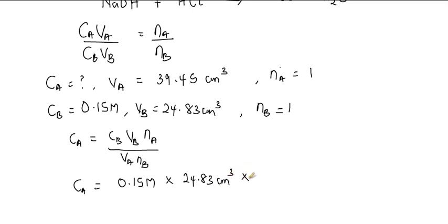Then the Na, that is the number of moles of acid used, is 1, all divided through by the volume of acid used, 39.45 cm³, multiplied by the number of moles of the base used, which is 1.